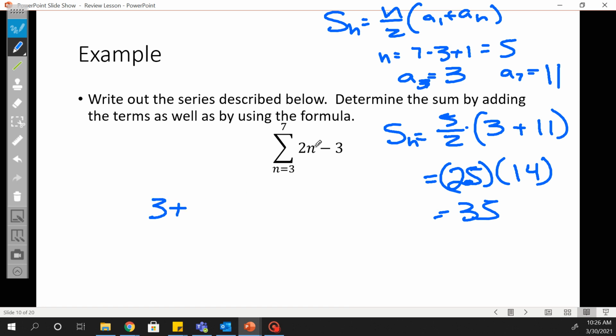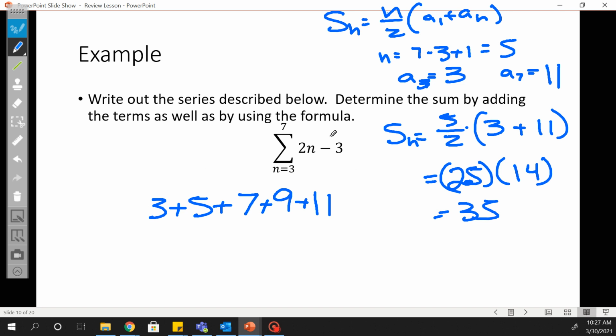Then we would plug in 4. 2 times 4 is 8, minus 3 is 5, plus. Then we plug in 5. 10 minus 3 is 7. Then we'd plug in 6. 12 minus 3 is 9. Then we'd plug in 7. 14 minus 3 is 11.